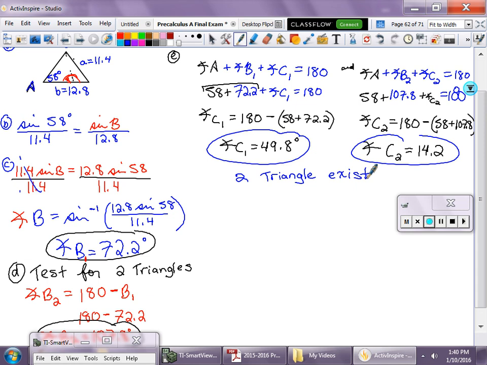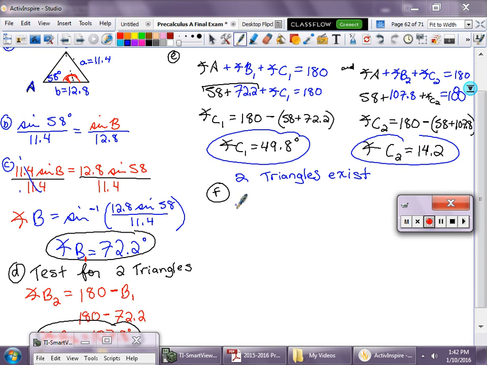Okay, so let's go ahead and find side B, B1. Okay, so we have to find side C, C1, and side C2.